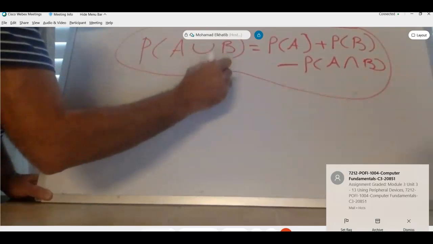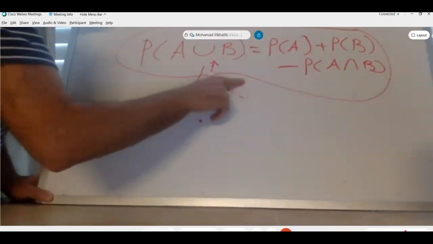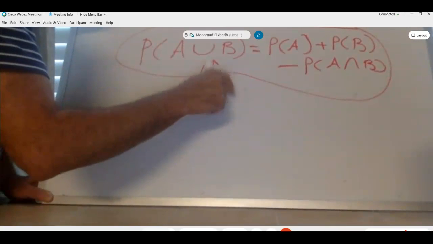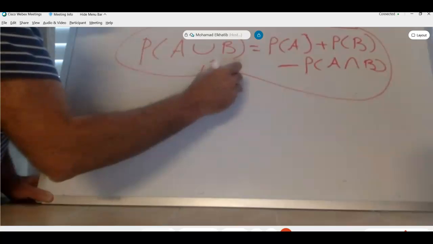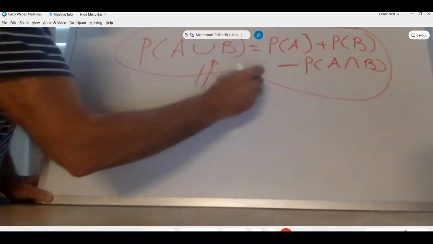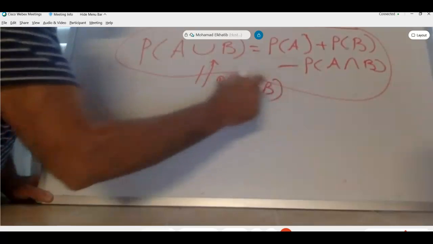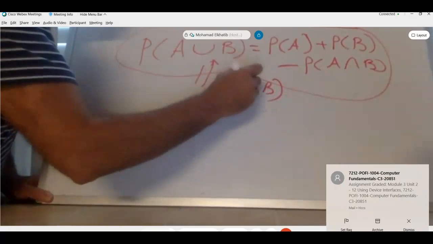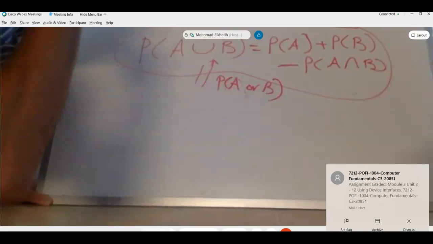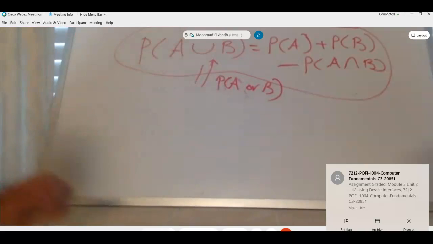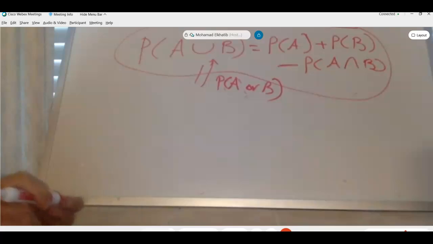This is probability of A or B. Union means or. Okay, go ahead and copy this formula and I'll explain that to you in just a minute.